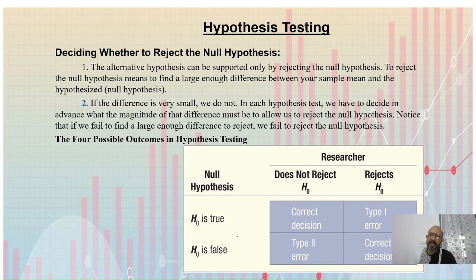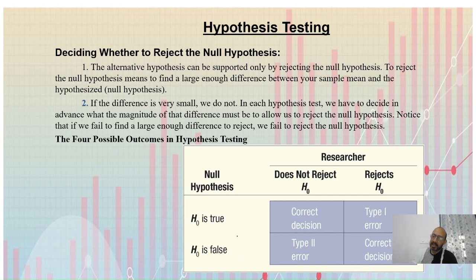Deciding whether to reject the null hypothesis. The alternative hypothesis can be supported only by rejecting the null hypothesis. To reject the null hypothesis means to find a large enough difference between your sample mean and the hypothesized mean in the null hypothesis.